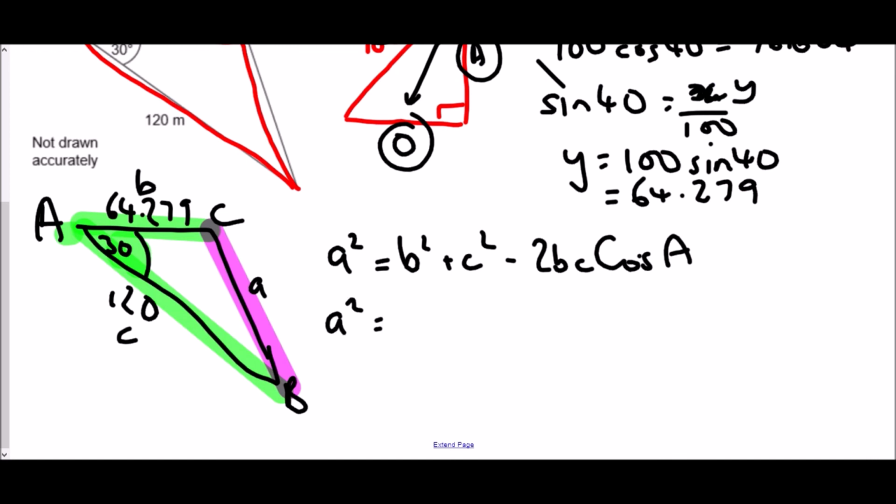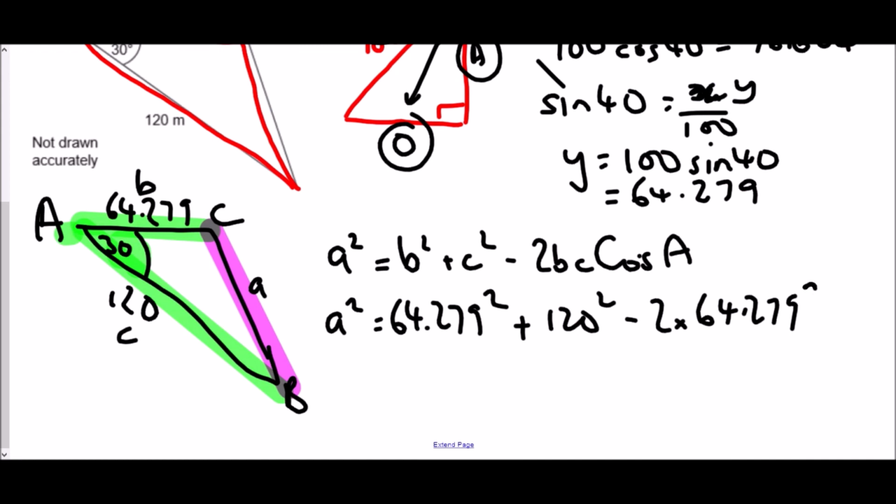So A squared equals 64.279 squared plus 120 squared, take away 2 times 64.279 times 120 times cos 30.